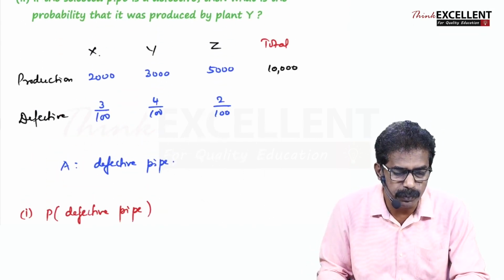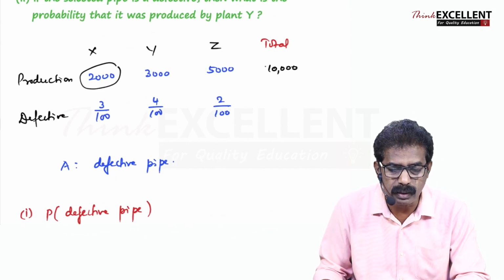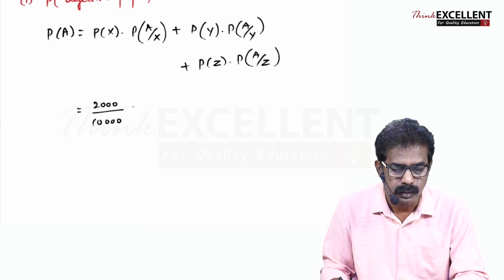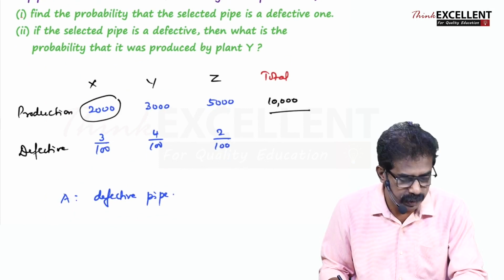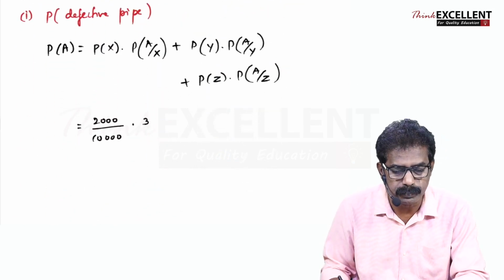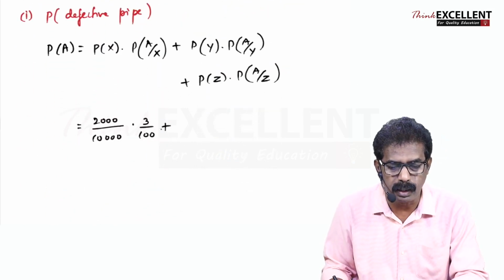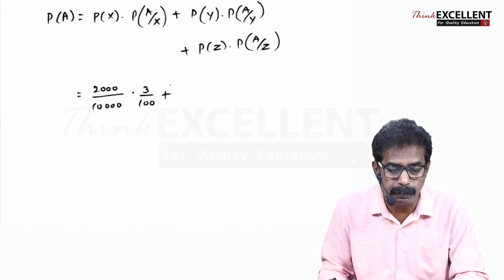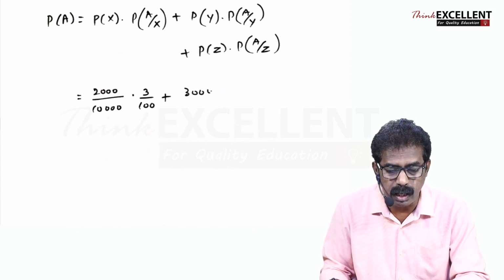So the first one produces 2000 out of 10,000. So P of X is 2000 by 10,000. And which produces defective, that is 3 by 100. Second one, P of Y, second plant produces 3,000 pipes. So 3,000 out of 10,000.